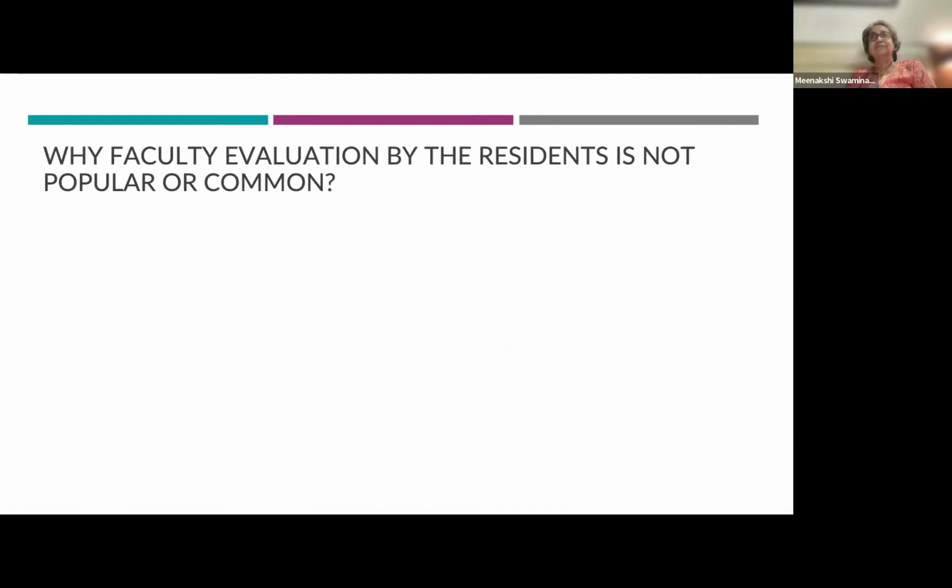And extending this from the medical students to the residents, what do you anticipate will be the problem? Because residents usually are a much smaller number than medical students. What do you anticipate will be the difficulty if you now take it to the residents and maybe even make it mandatory as part of program evaluation?